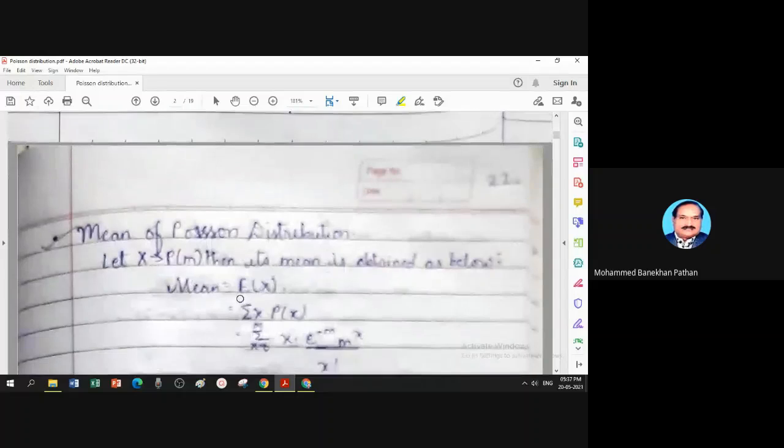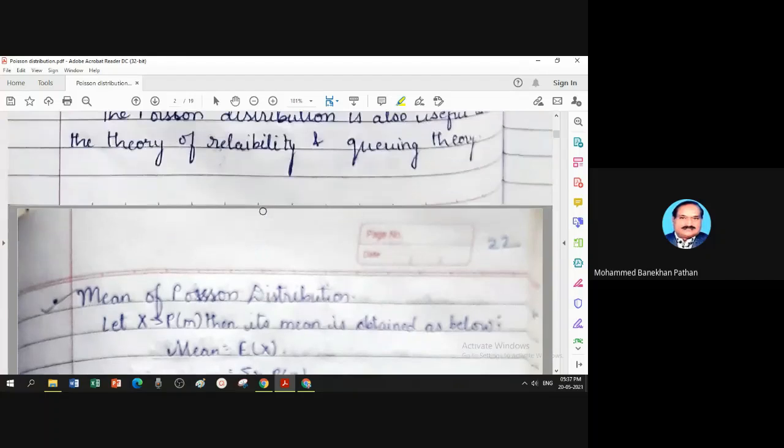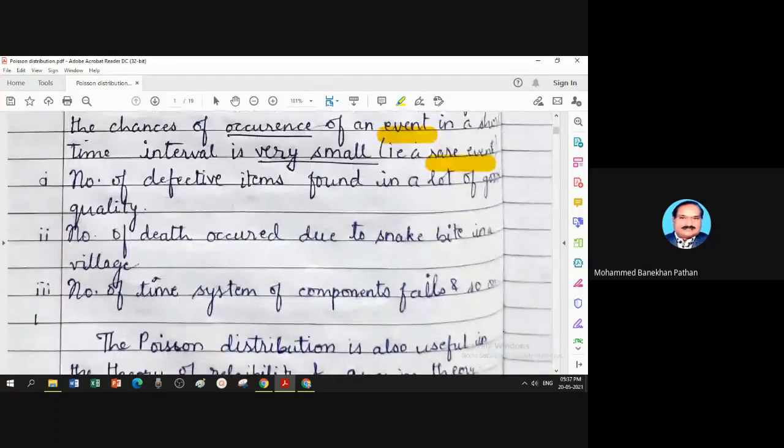Now we'll try to find the mean of the Poisson distribution. The Poisson distribution is a model to apply in real life. So on an average, how many outcomes will there be for your random variable? If I go back, in example 1, you are studying the number of defective items. This is your random variable.